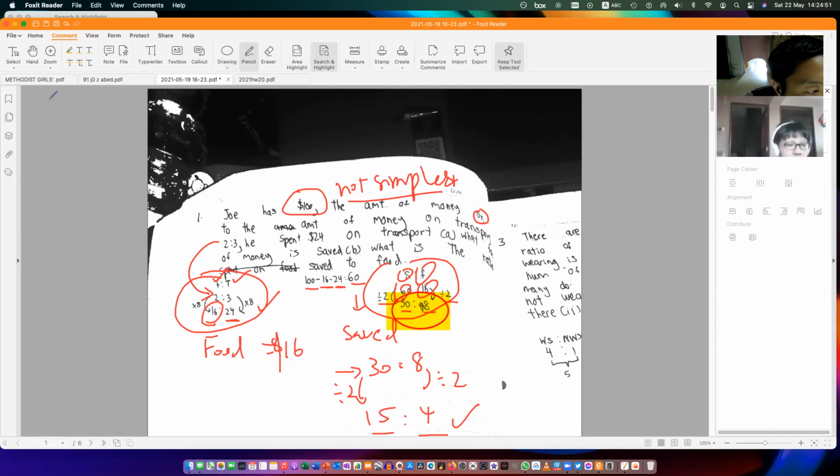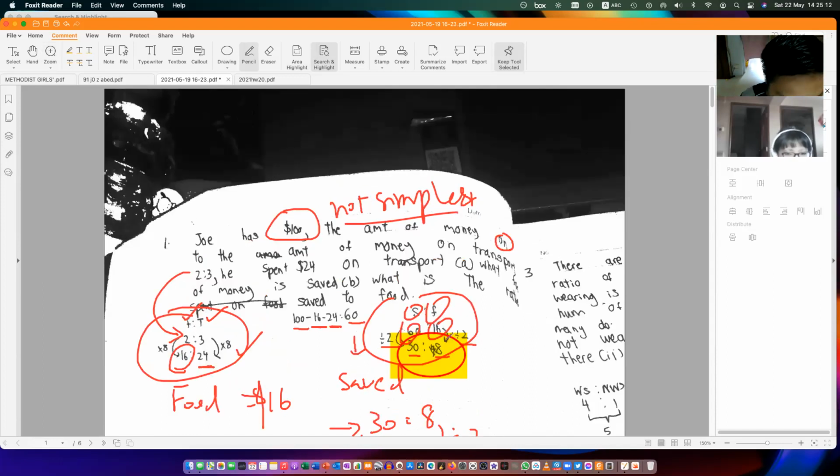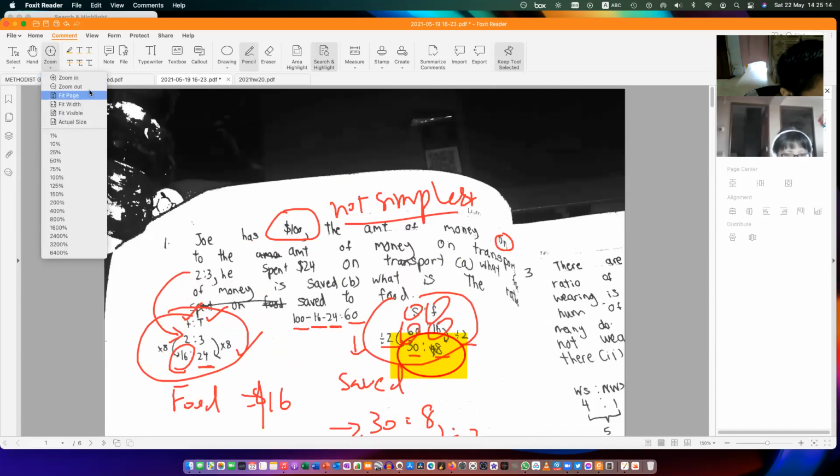Starting today, from today onwards, every ratio you write down, you are going to give me the simplest form. You always check divide by 2, divide by 3, and subsequently. Can you do it? Okay, good.